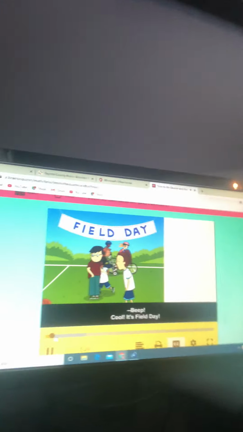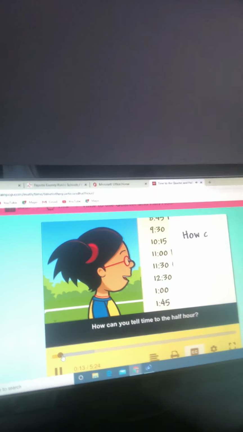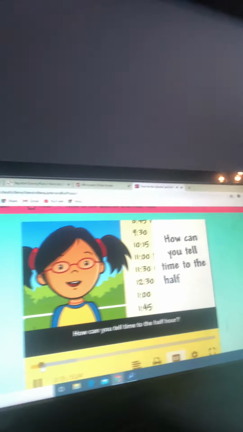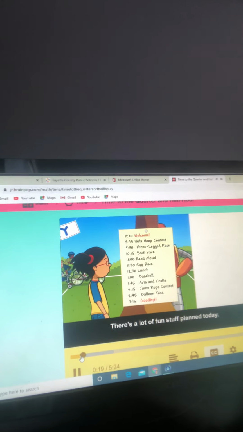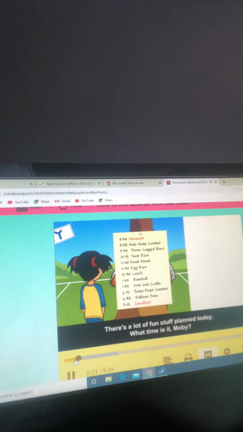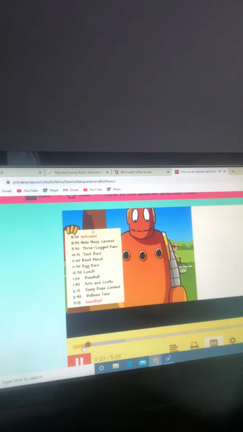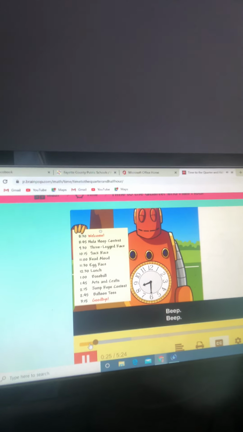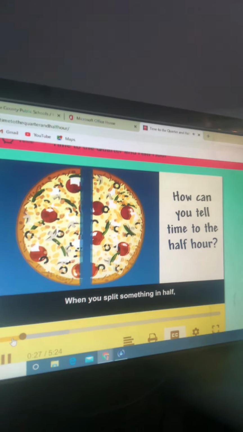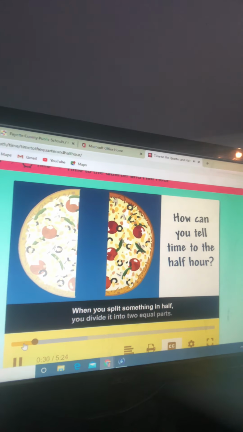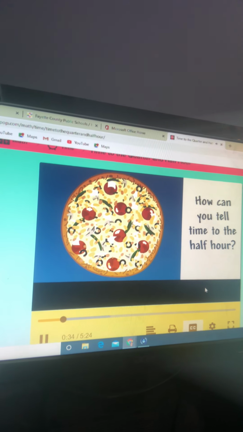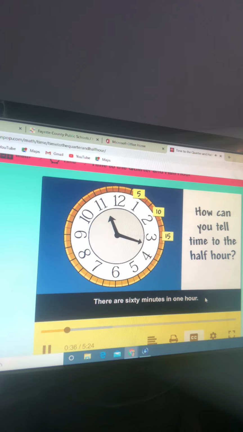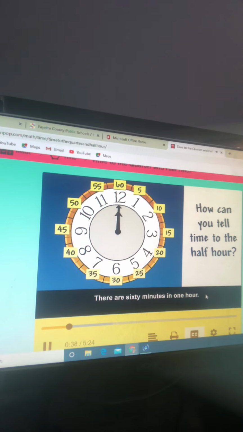Cool. It's field day. How can you tell time to the half hour? There's a lot of fun stuff planned today. What time is it, Moby? When you split something in half, you divide it into 2 equal parts. There are 60 minutes in 1 hour.